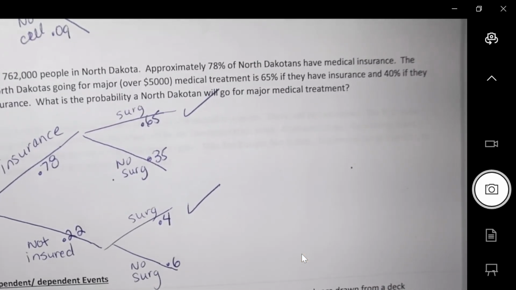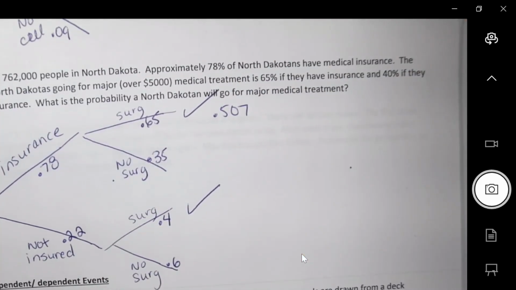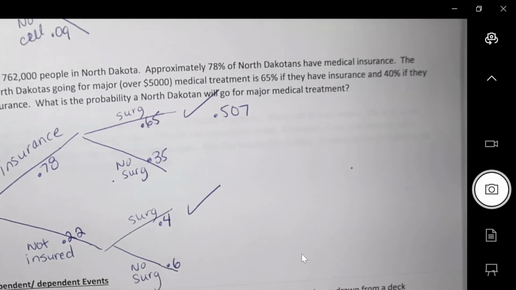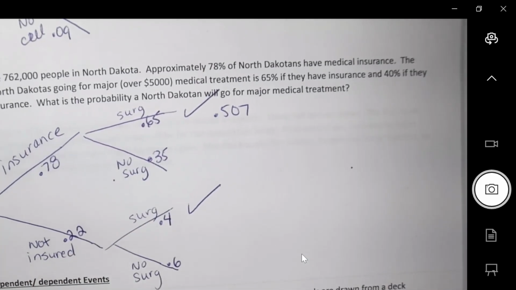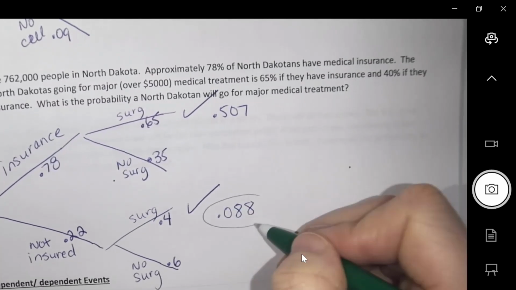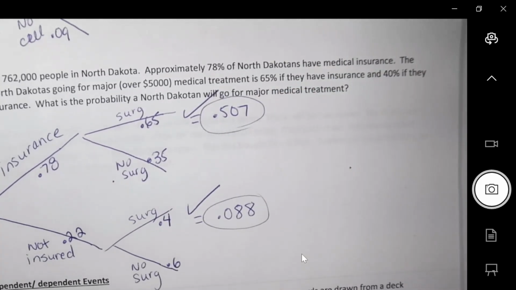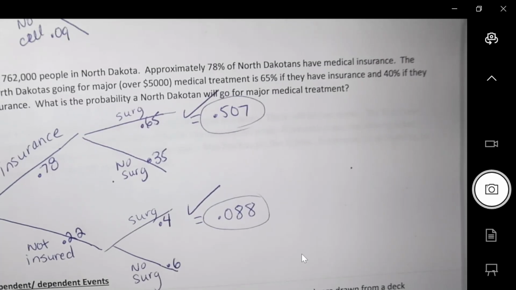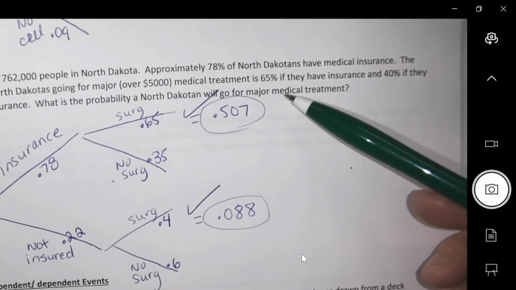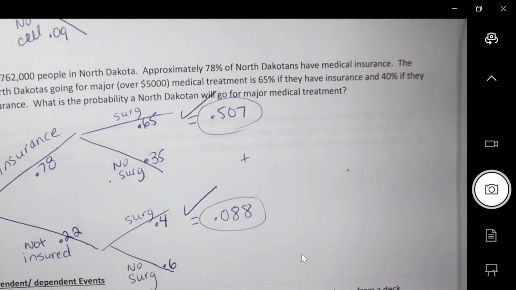So I times 0.78 and 0.65. So that's what those ones times together to. And then at the end, the total would be, I need to add those numbers now.